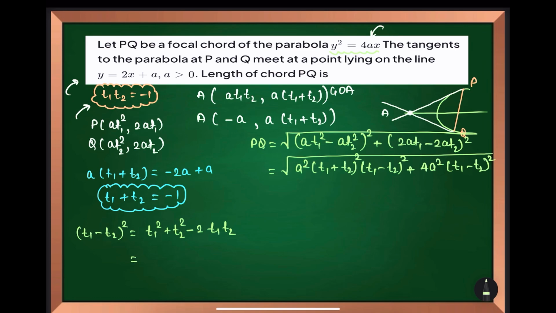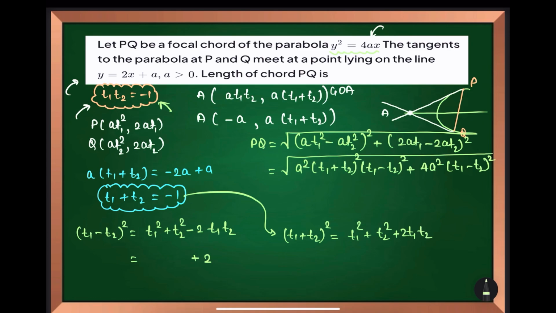Now you know that t1 t2 is minus 1, so it will become plus 2. Now we need t1 squared plus t2 squared, so I'll go with squaring both sides. t1 plus t2 whole squared is t1 squared plus t2 squared plus 2 times t1 t2.